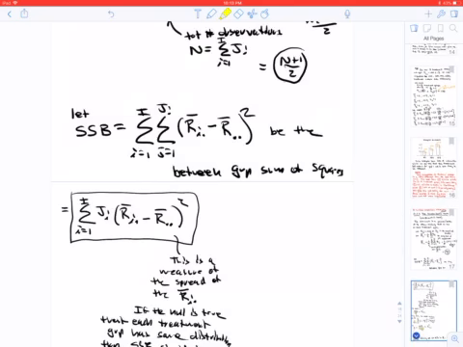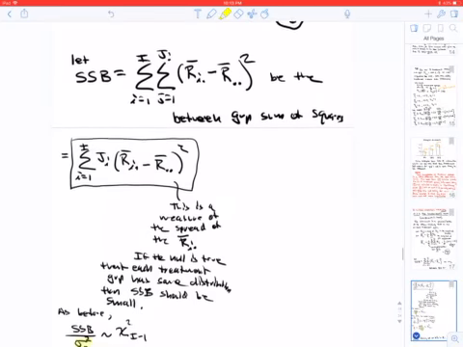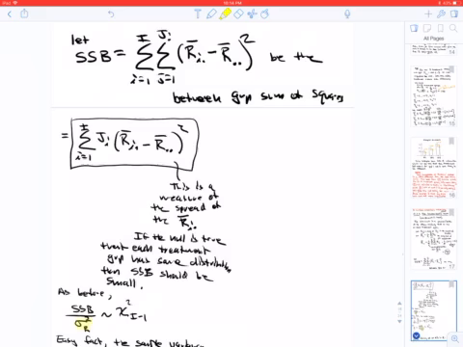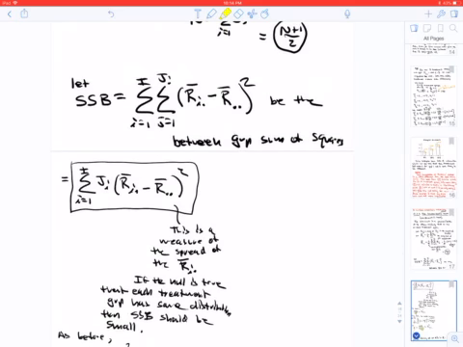So we can write down the sum of squares between just using the same formula as before, but now we're using ranks. We can compute this, and notice that if the null is true, and what is the null? The null is that the distribution for each treatment group is the same.